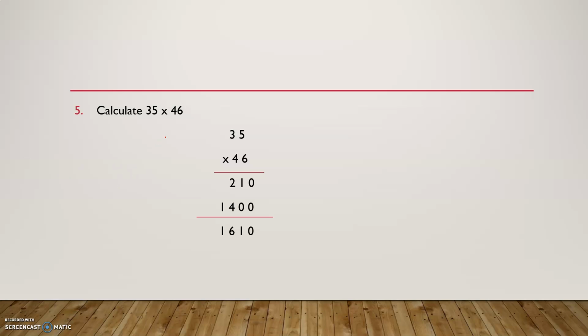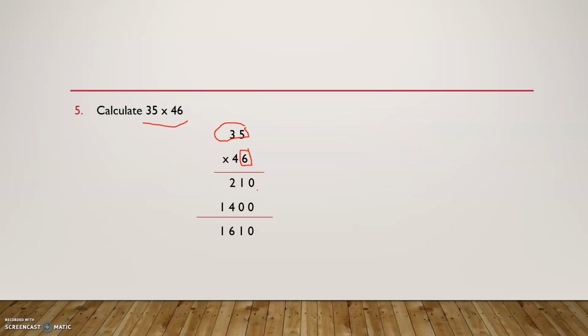Moving on to example number 5, it says calculate 35 times 46 using column method. So we write 35 times 46. So first we multiply 35 with this 6. So that will be 6 times 5, which is 30. So 30 goes into tens column.